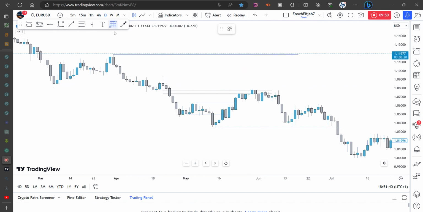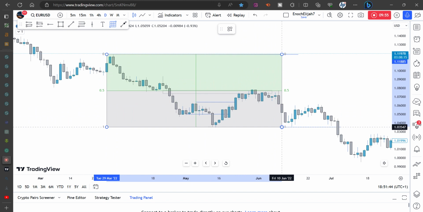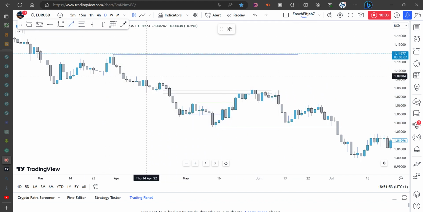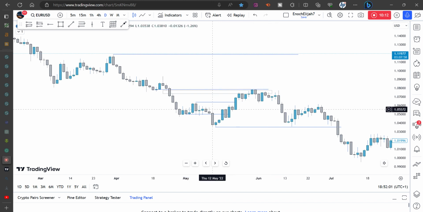And when you measure the major range, that imbalance falls to that exact 50% level. And then we also have this bearish order block right there.